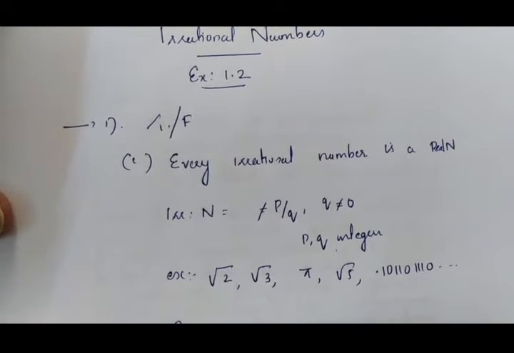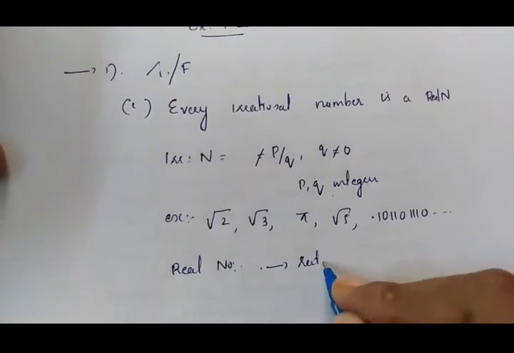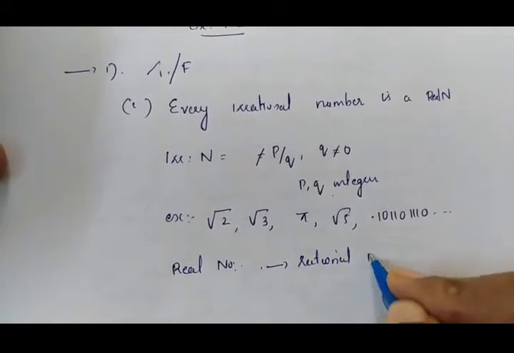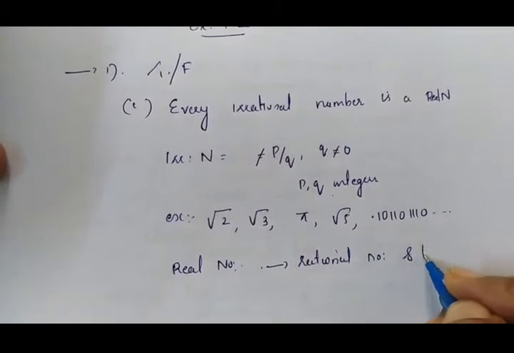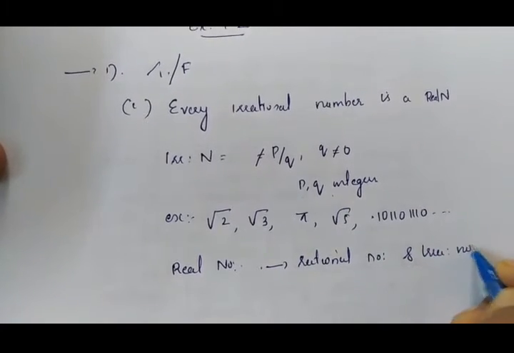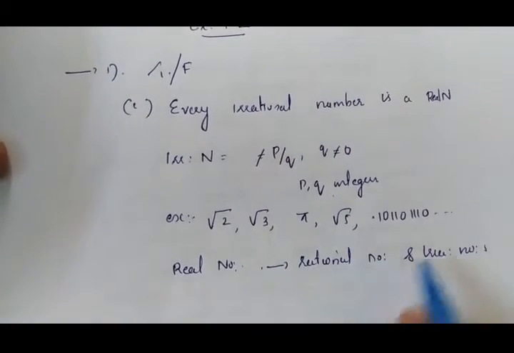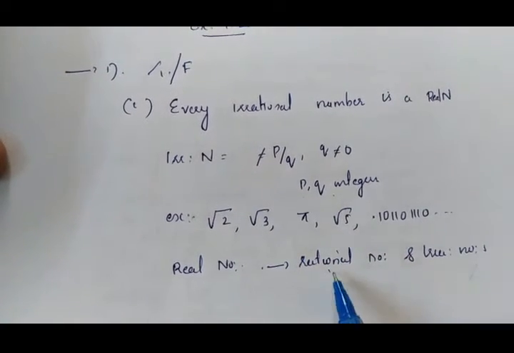What is a real number? Real numbers are the collection of rational numbers and irrational numbers. Real numbers include all categories of numbers, rational and irrational. What is a rational number?